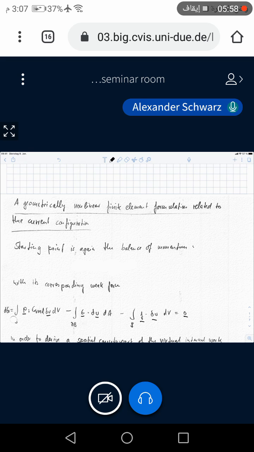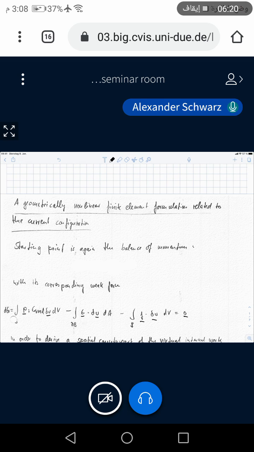This is, I think, very standard. As you have also maybe seen in the script, you can work with P and F as variables, or for example with the second PK and E, or with the second PK and C. All these things are equivalent and are, I would say, at the end, maybe a matter of taste.